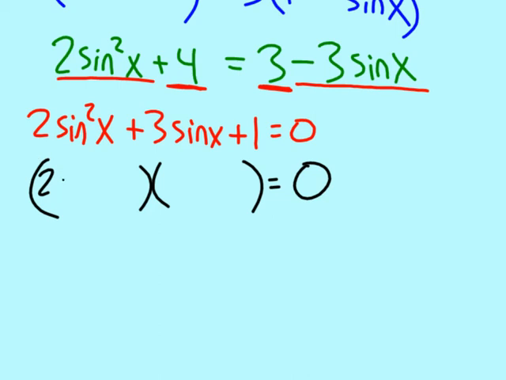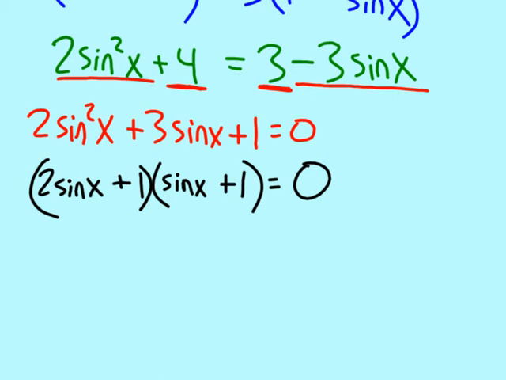There's not really too many ways that can split up. So 2 sine x times sine of x would give me my 2 sine squared. Again, we're lucky a little bit here too, that with the constant term of 1, there's not really too many ways that can split up. And in this case, a plus and a plus will do the trick.